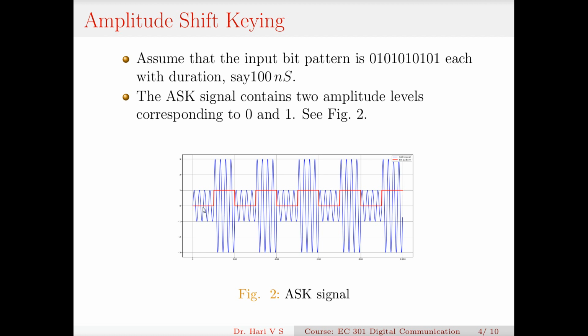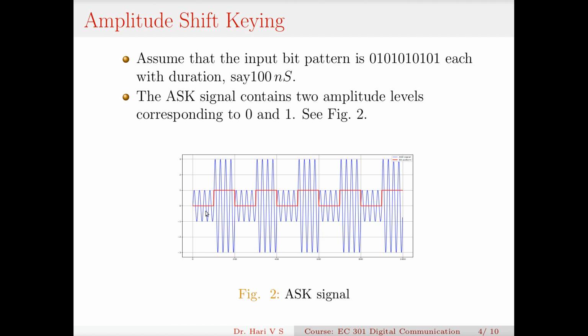you see here, say this is a low duration, that is the first 0, from 0 to say 100 nanoseconds. Then it goes high for another 100 nanoseconds, then low for another 100 nanoseconds, etc. So this red curve shows the input bit pattern. And this blue curve shows the ASK signal.